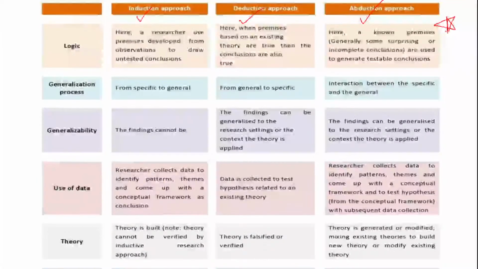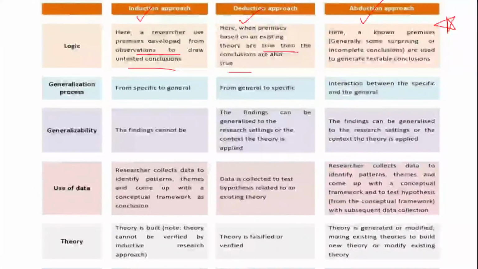When we talk about the inductive approach, a researcher uses premises developed from observations to draw an untested conclusion. In the deductive approach, premises are based on existing theory that is true, so the conclusions are also true.